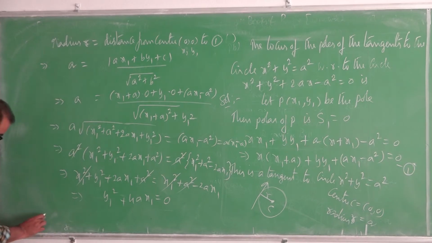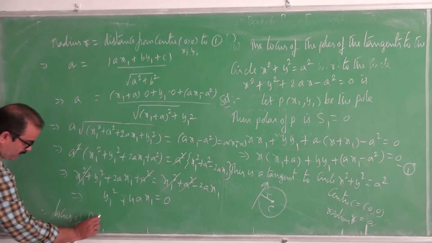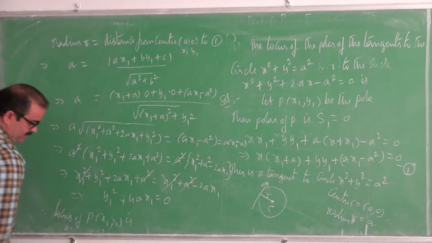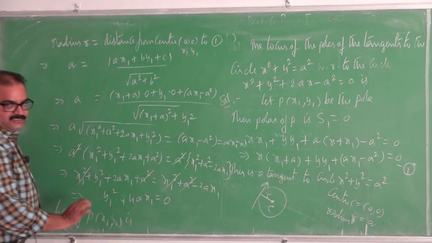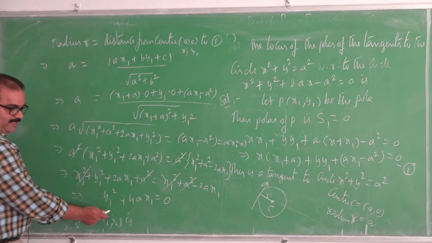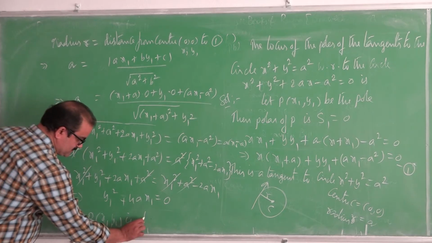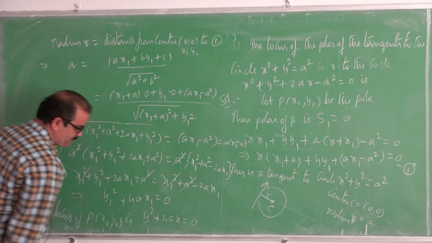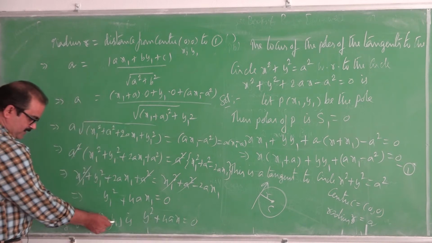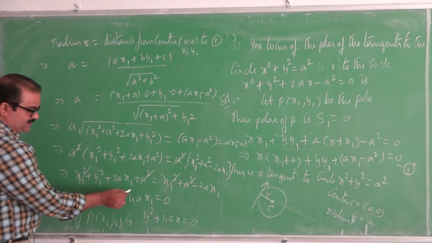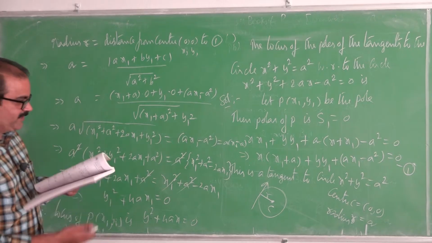Therefore, the locus of P(x1, y1) is, to find locus of any point, in place of that point you write x and y. This becomes y square plus 4ax is equal to 0. What is the given point here? x1, y1. In place of x1 and y1 we write x and y. Then we get the locus.